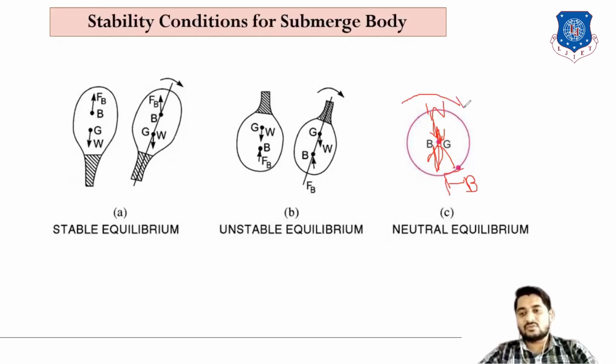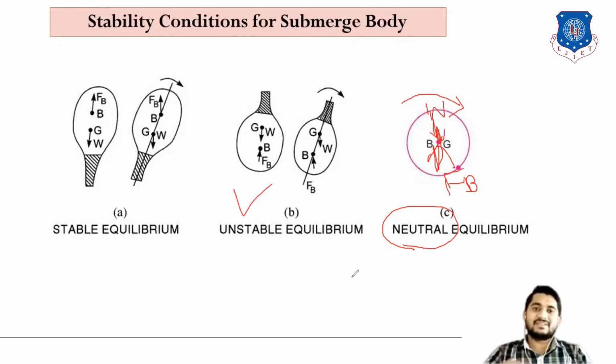If we give a clockwise moment to this bubble, B and G retain their original positions, so no couple moment is generated inside the body. The body will remain as it is at the tilted angle theta, and that is known as neutral equilibrium, right? For stable equilibrium, G is below B. For unstable, G is above B, and in the neutral condition, B and G are the same.